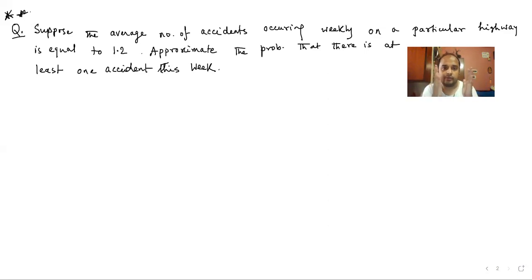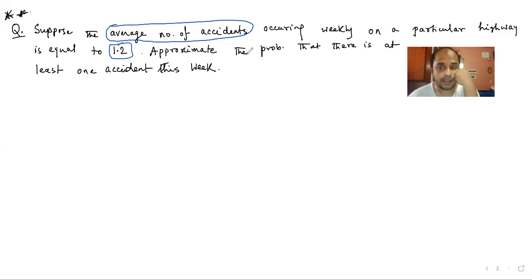So how to analyze this situation, whether it is indeed the Poisson law, the Poisson distribution or not, you have to dissect the problem and find it out. First of all, you see one important point: it is saying that the average number of accidents is 1.2.